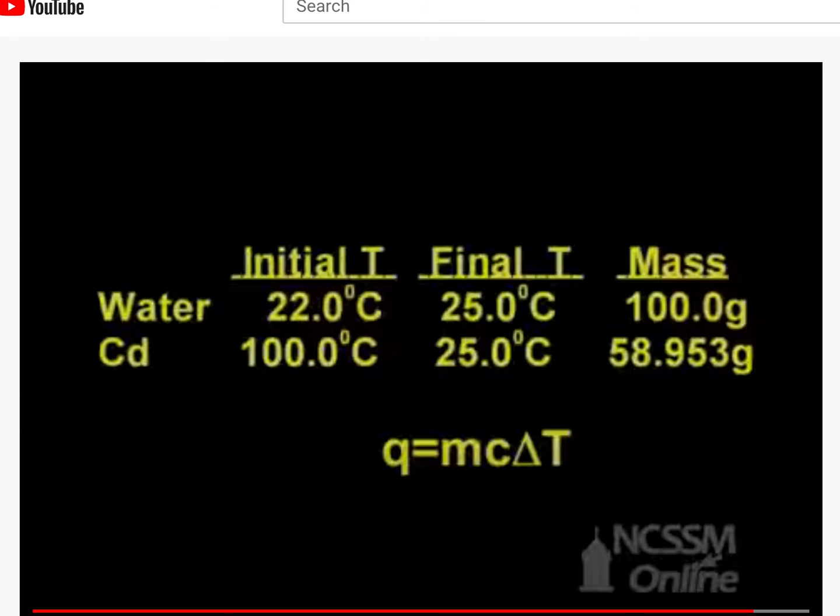Because you know the mass, you know the Q, which is minus 1255. And yes, your temperature change will be negative.